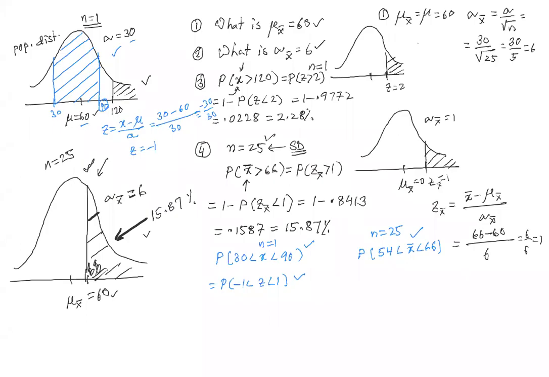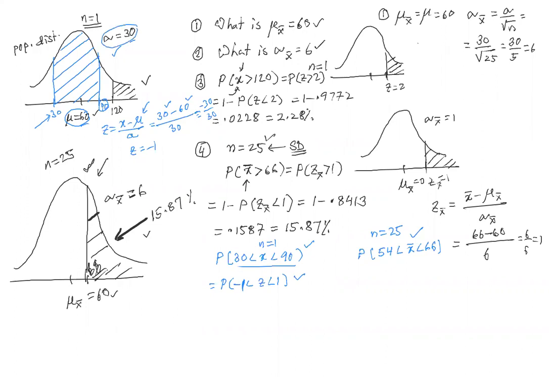So the probability of X being between 30 and 90 is the same as the probability of Z being between -1 and +1. For 30, we did the calculation here. Z is equal to X minus mu over sigma. So 30 is X, mu is 60, divided by the standard deviation, which is 30.